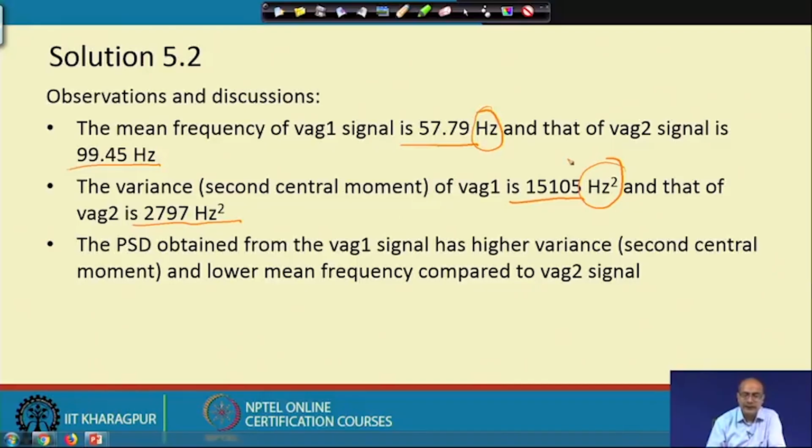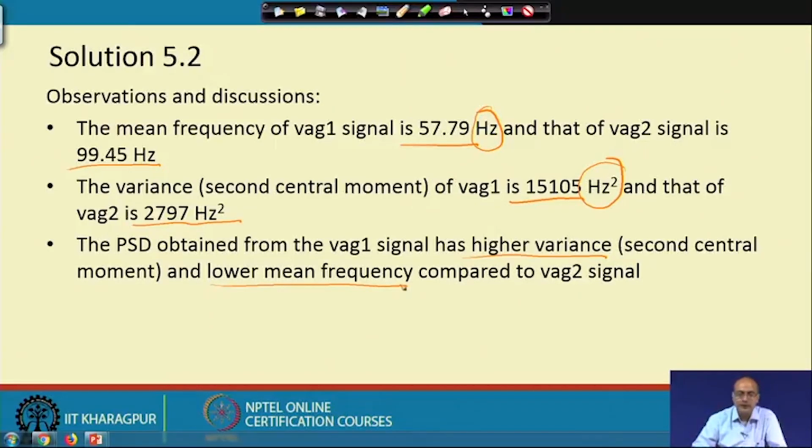Okay. And if we compare the two signals with respect to the PSD and the mean and variance derived from the PSD, then what we get is that VAG1 has high variance compared to the second one, but it has lower mean compared to the second signal.